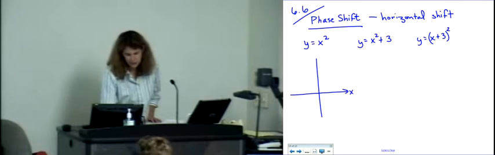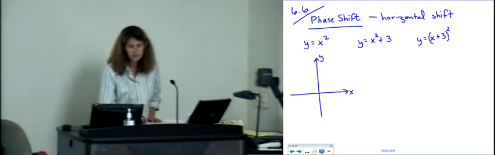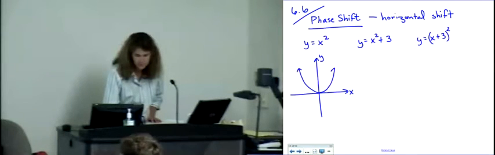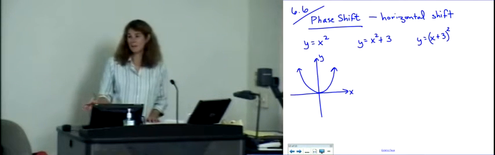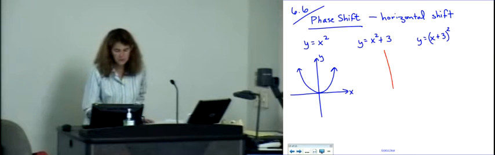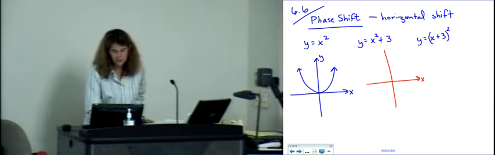What does y equals x squared look like? It's just a parabola with the vertex at 0, 0. Just our most basic parabola. Y equals x squared plus 3. What does that plus 3 do?